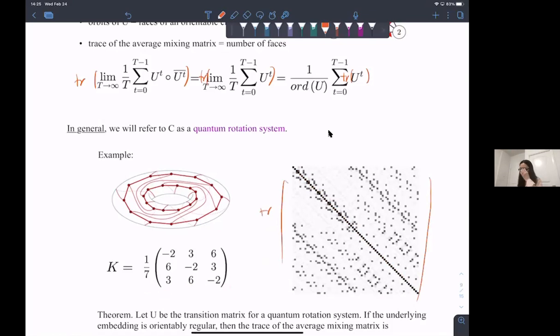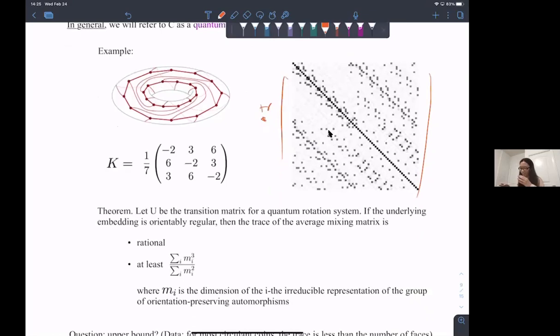So the question is, for a quantum rotation system, can we say something similar about the trace of the average mixing matrix? And we cannot do that in general. I cannot do that for now, but if the embedding is orientably regular, then I have some partial results. For example, the trace is always rational, no matter what entry you throw into this circulant matrix.